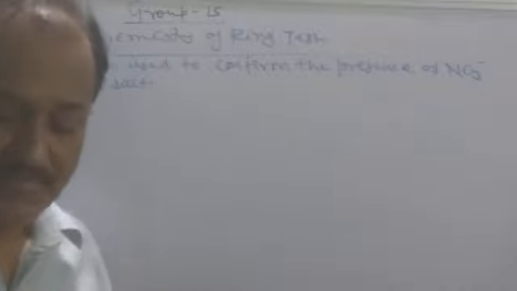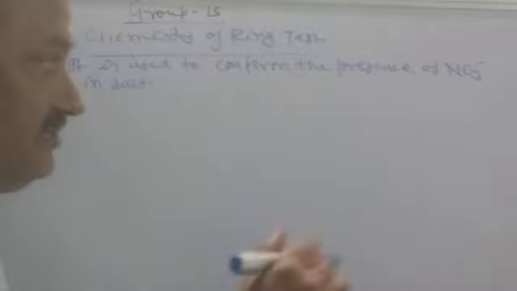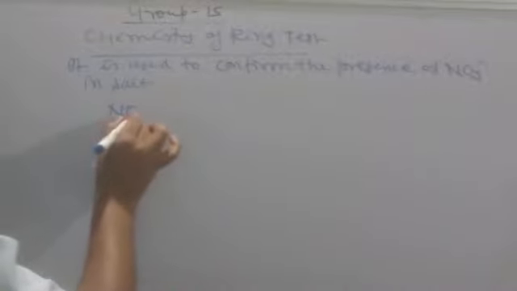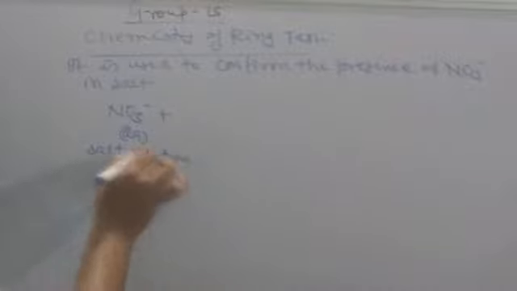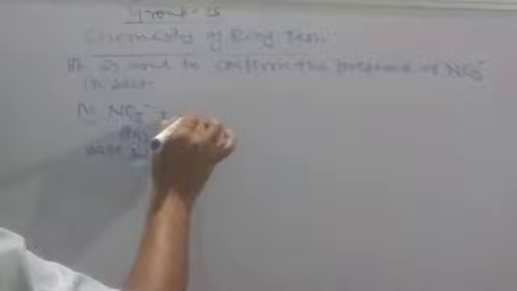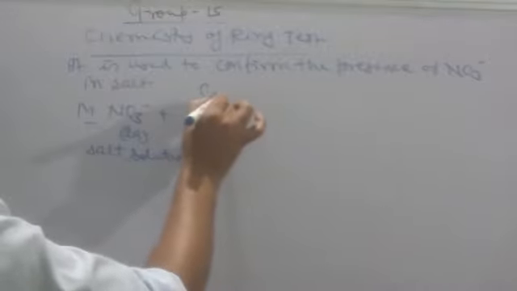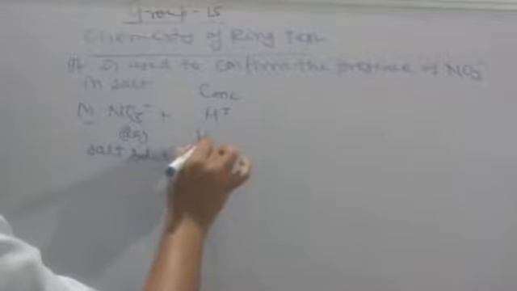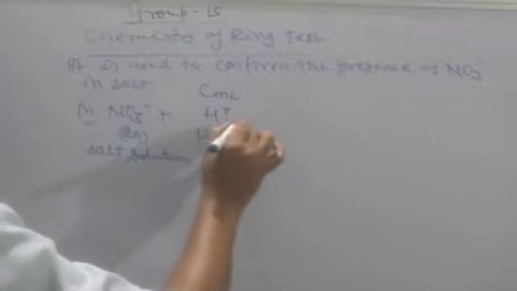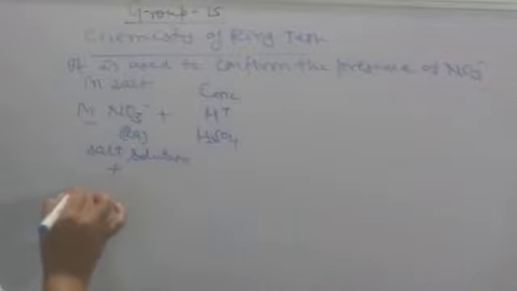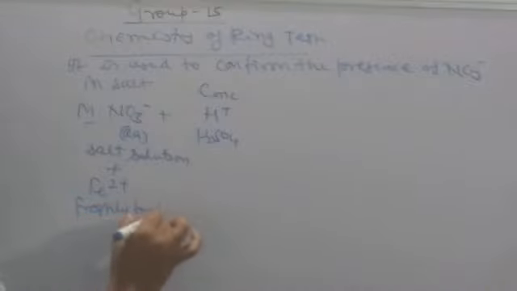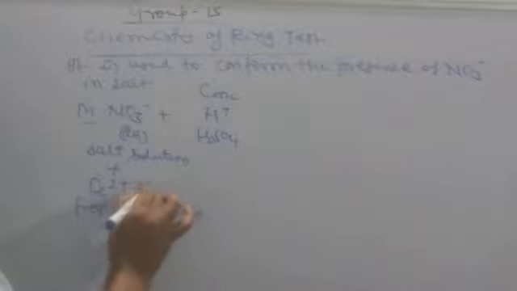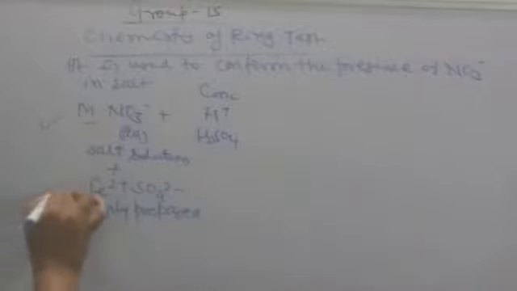So when we take the aqueous salt solution of any nitrate, then there is concentrated sulfuric acid, and here we mix freshly prepared FeSO4. This is one, this is second.